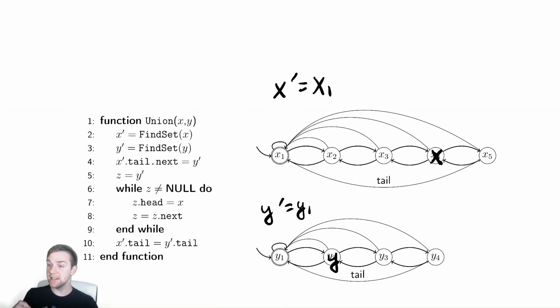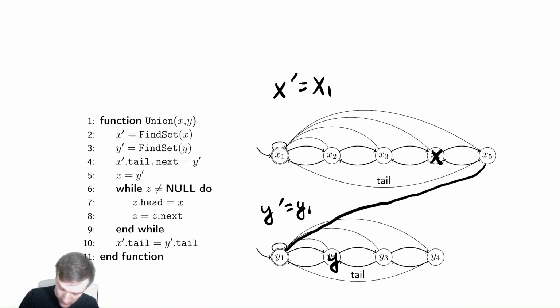So if we're going to union these together, we first take x.tail.next and make it y prime. So we go to x prime.tail, so x1's tail, and then we make its next pointer point at y prime. So we're going to draw in an arrow pointing down there to y prime. And then we're going to start at y prime. What are we going to do?